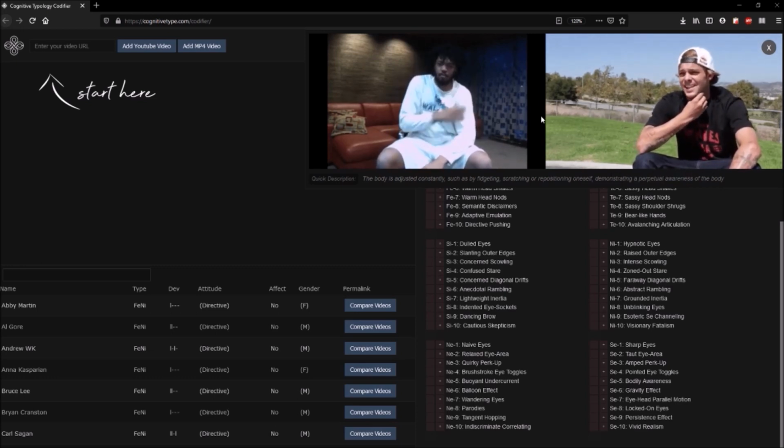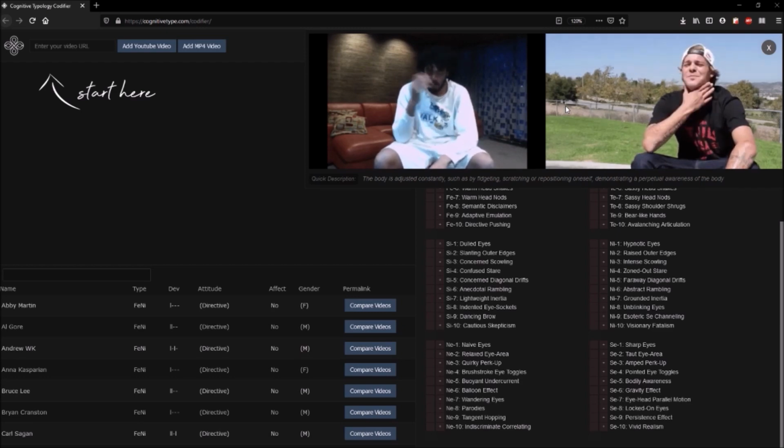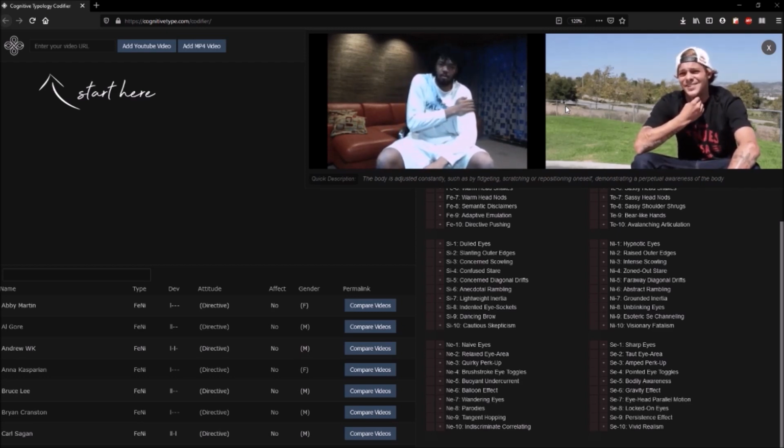Now, I hesitate to use some of these GIFs because it doesn't really matter whether or not they scratch the neck, whether or not they scratch the arm. The arm doesn't matter, the neck doesn't matter. No specific body part matters. What matters is the constant contact and awareness of the body. And basically, the body is continually being repositioned in real time because of this ergonomic awareness that SE has.